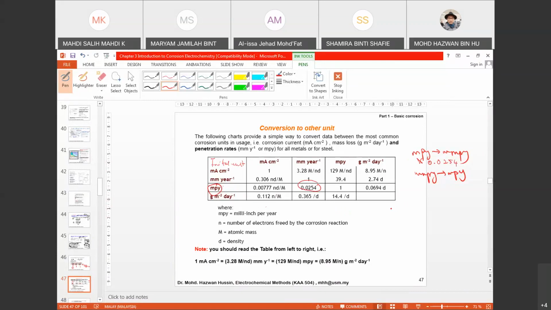If I want to convert from MMPY to MPY, then I will multiply with this factor. I guess if you want to remember all values, it's not important. Maybe you just remember these two values, then it will be enough for your exam or your test.